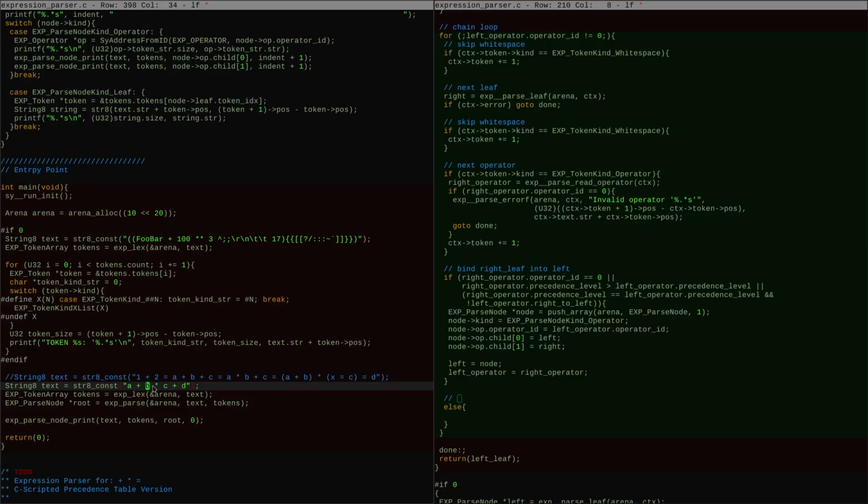So then the times C happens, then a plus D would mean like A plus, and the B times C happens. Because this operator is less sticky, the B times C happens, and this becomes B times C.